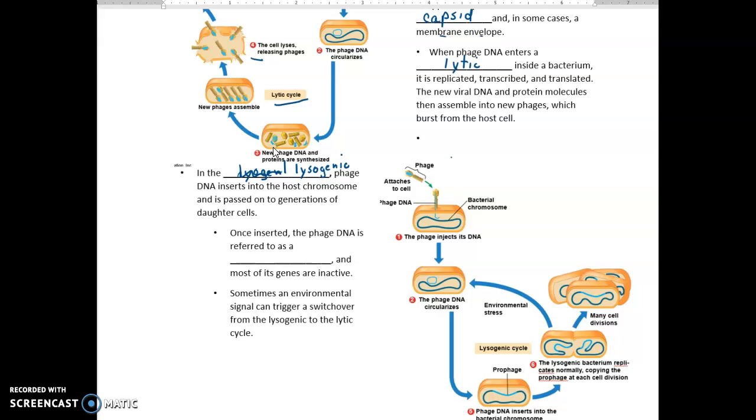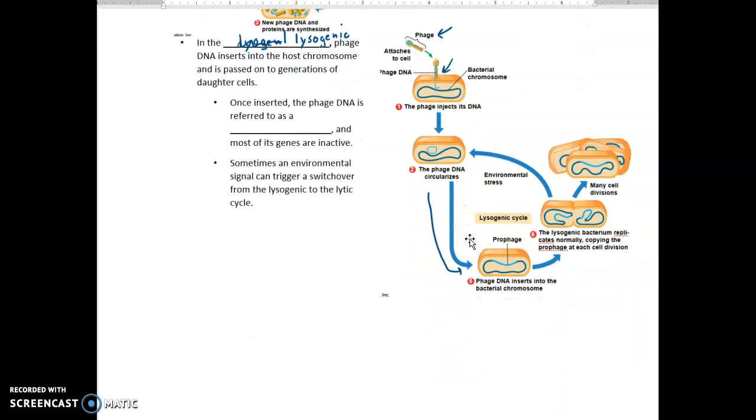So here we have our phage. He injects his DNA into the bacterial cell. The phage DNA circularizes and then incorporates itself into the bacteria's chromosome. So here it is, it's part of the bacterial chromosome.